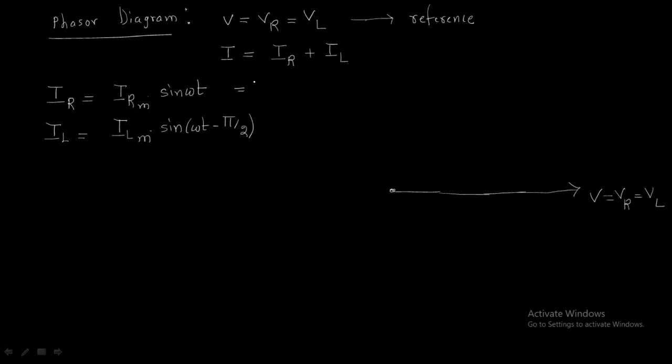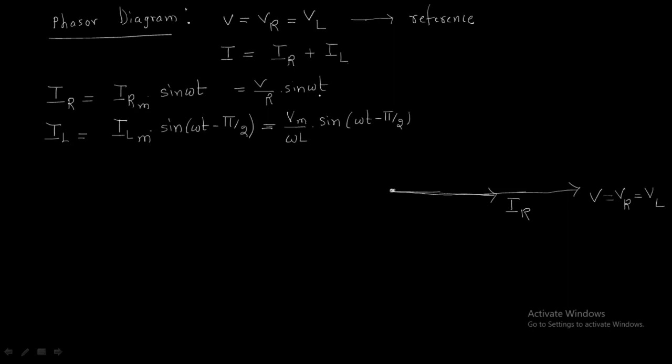Next, IR is simply V by R into sin omega t, so it is in phase with the voltage. This is the current through the resistor. Next, what about IL? Once again write the formula: Vm by omega L sin omega t minus pi by 2.